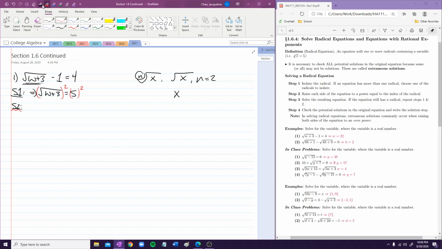Why do we do step 2? Let me go back over here. I have the nth root of x, which is the same as x to the 1 over n. Our goal is to get rid of that root, to make the exponent 1.